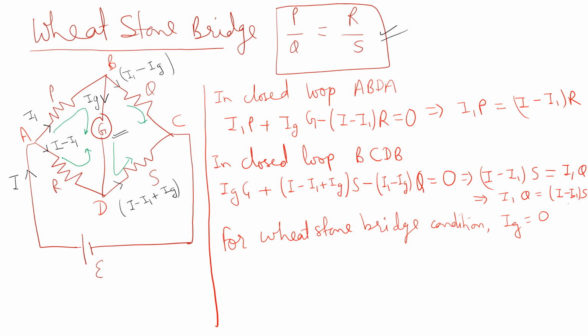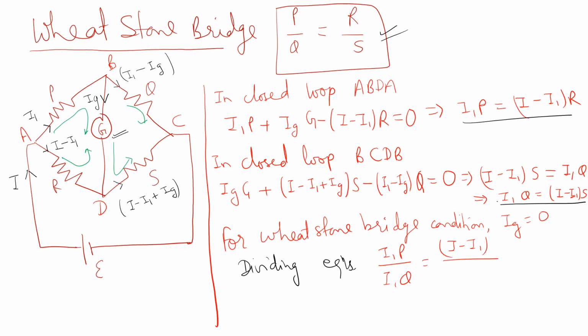Now what I simply do here is take this equation and this equation and just divide them. So what I will get, I1P over I1Q equals (I minus I1) into R over (I minus I1) into S. So here I1 will cancel, and I minus I1 cancels with I minus I1.